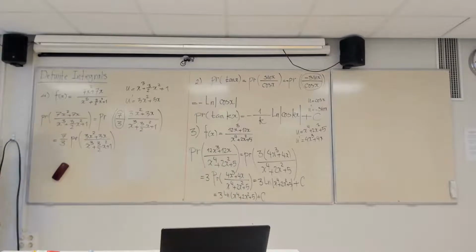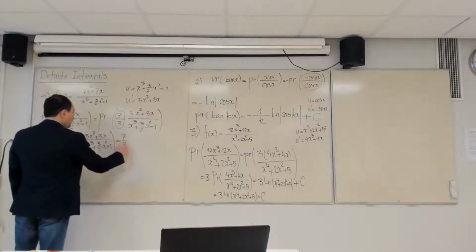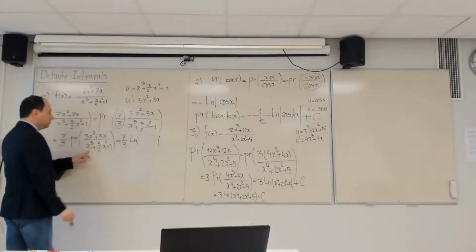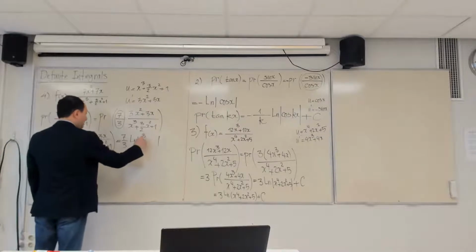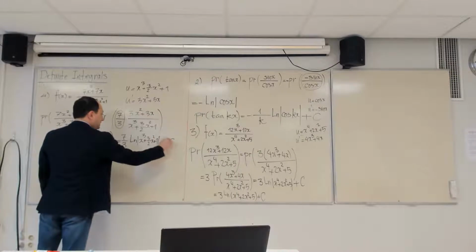Yes? Okay, so then what happens? It becomes 7/3. This becomes ln of absolute value of u. But u is this guy. And then I put a constant at the end.